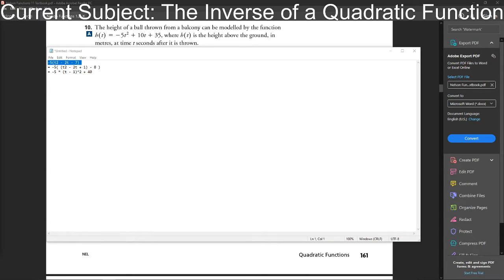Power of 2 plus 10x plus, actually 40 makes sense because this is like a 35. So, you got it. Look at you go, eh?